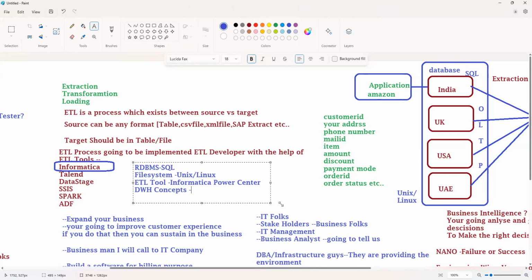As part of this, we are going to cover ETL, everything.